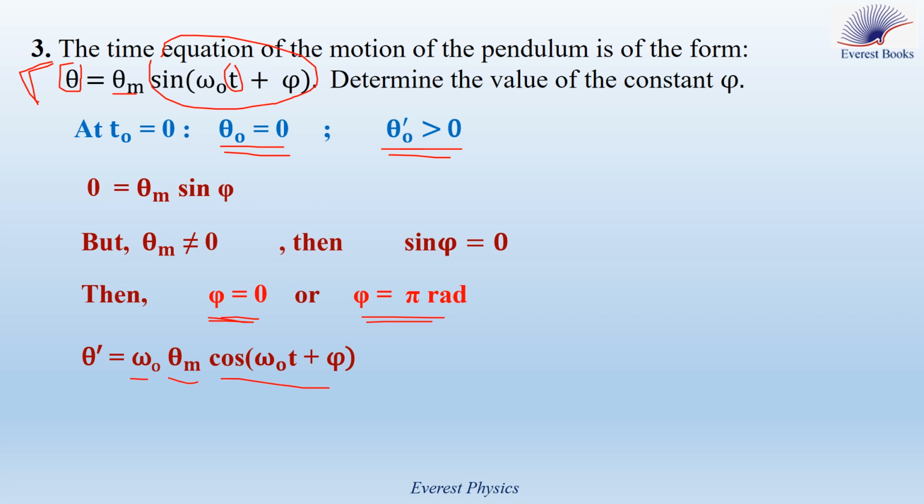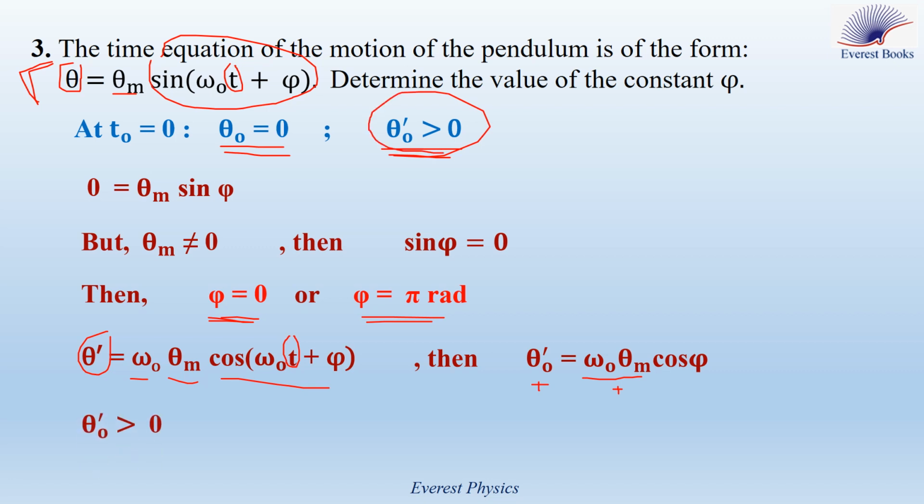Now, we want to replace t in this expression by 0 and theta prime by theta 0 prime. We get this equation. We know that omega 0 theta m is a positive quantity. Also, theta 0 prime is a positive quantity. It is given in the beginning of the question.